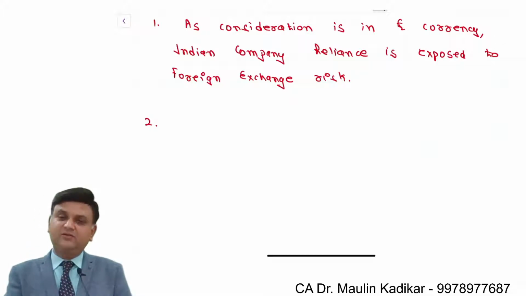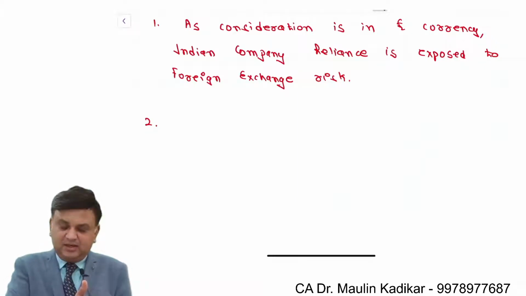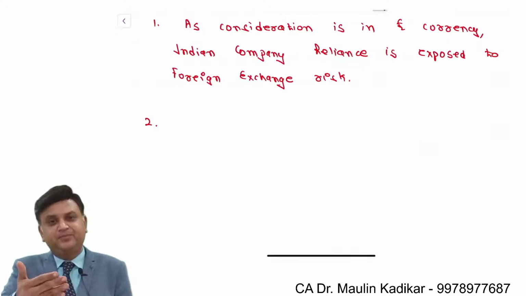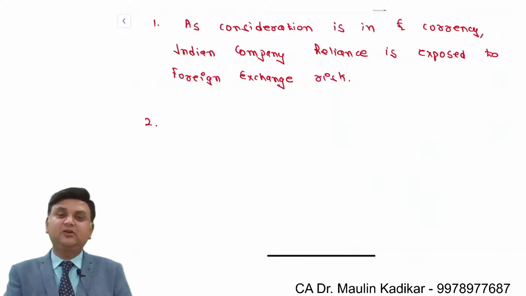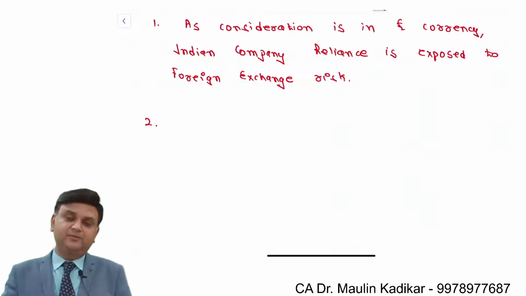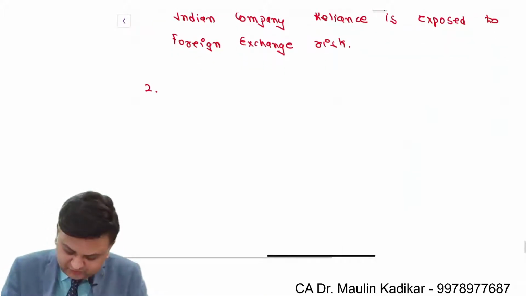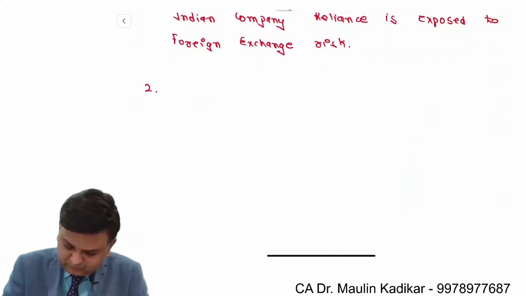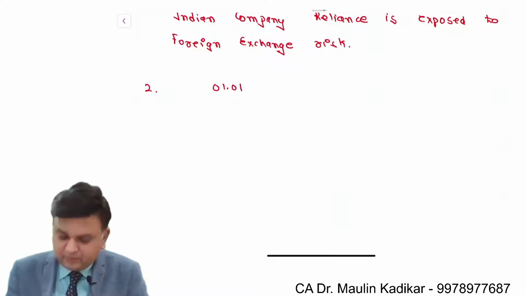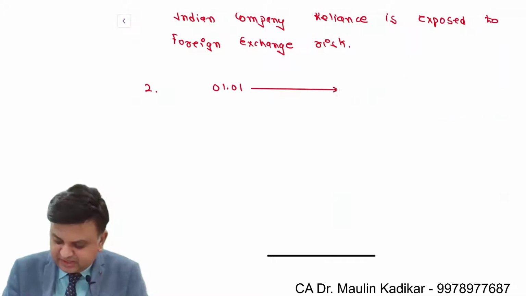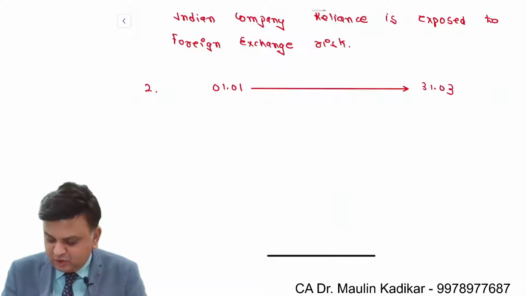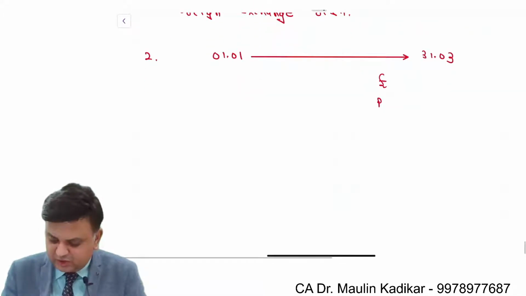In case of a forward contract, what will happen? It is simple like this. On 1st of January, listen carefully, the Reliance company will go to the bank and tell the bank that on 31st of March, after 3 months, I am going to convert pound into rupees with you.